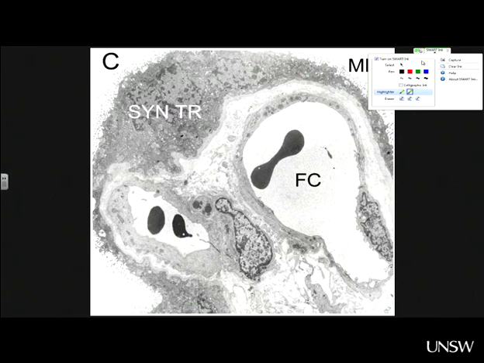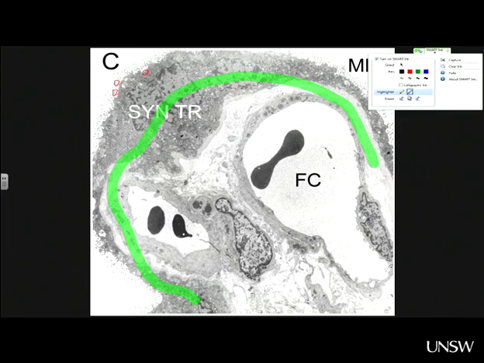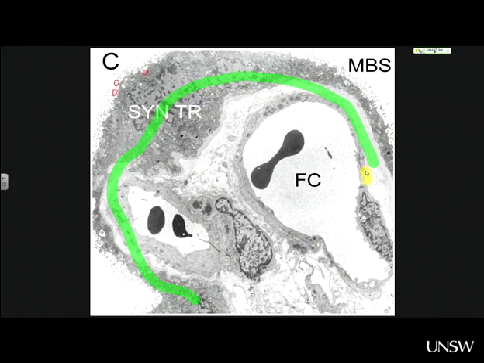The first layer are our syncytiotrophoblasts. This forms the first layer separating maternal blood from fetal blood. This is a fetal capillary just here, and within it a fetal red blood cell. Underneath the syncytiotrophoblasts is a layer of cytotrophoblast, a second cellular layer.